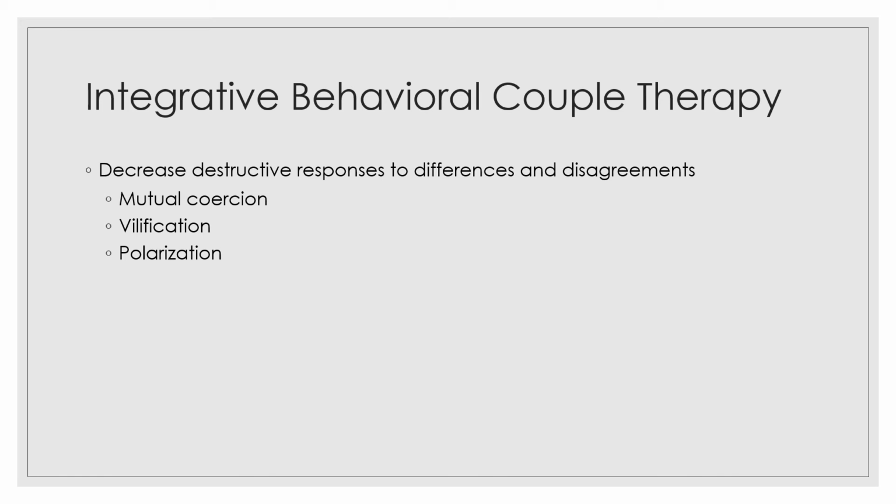One concept that they bring in is mutual coercion. So this is where one partner or both partners try to coerce or change the other partner. This can happen through criticizing, fault finding, demanding.